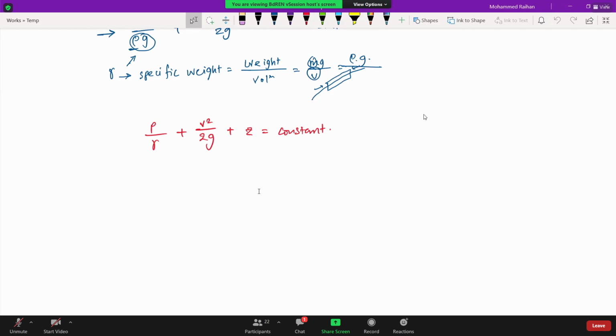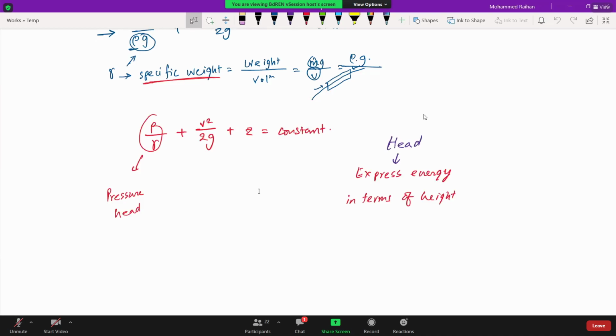What is the name of this gamma? Specific weight. Yeah. So this is called pressure head. So what is head? Head is basically saying express energy in terms of height, that is called head.